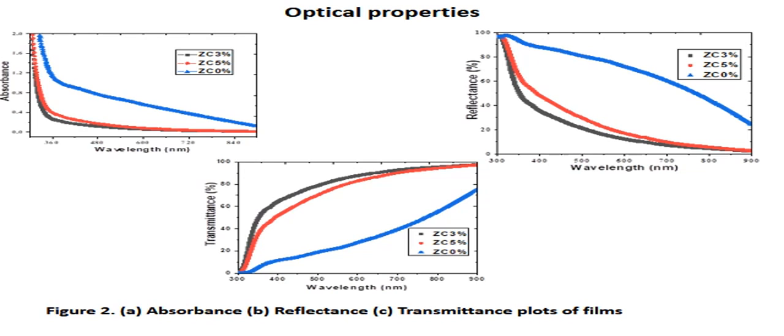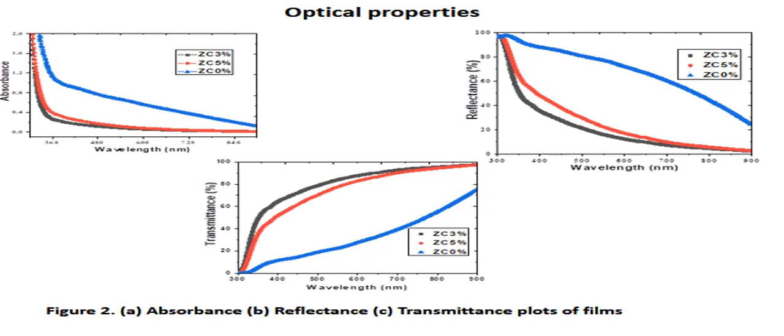Here we see that the transmittance increases with increase in wavelength. And we can see that the black line representing the 3% cerium has the highest transmittance compared to the other two, followed by the one that has 5% cerium.